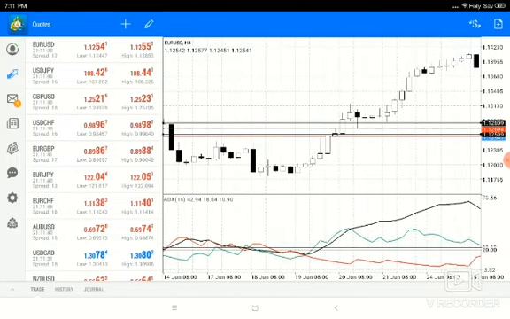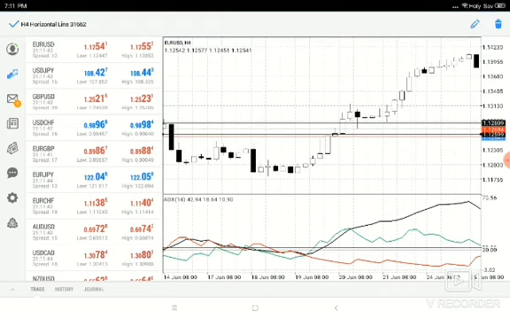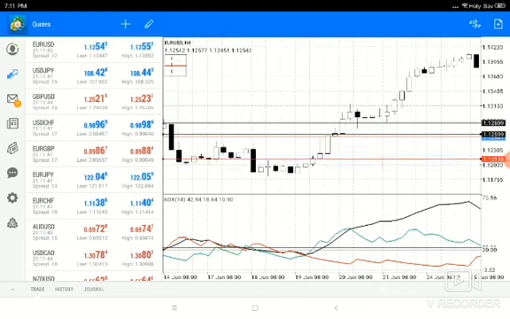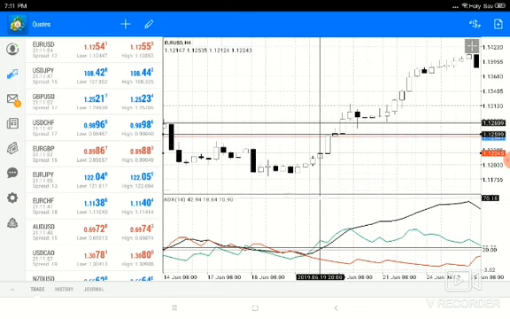Now look at this buy here. Let's assume I took this buy here, as soon as this crossed. This is where our entry would have been ready.